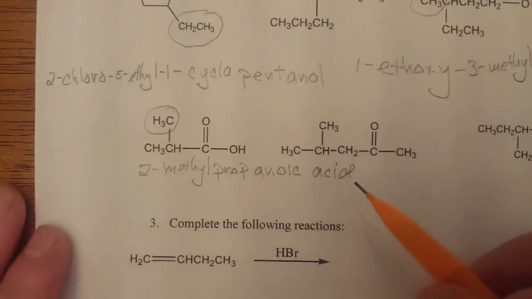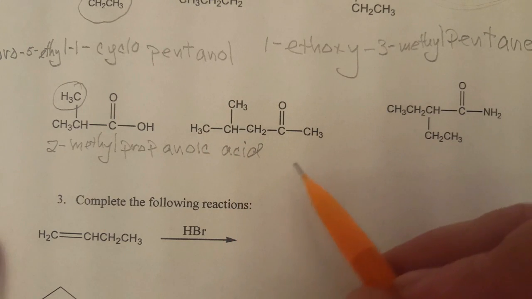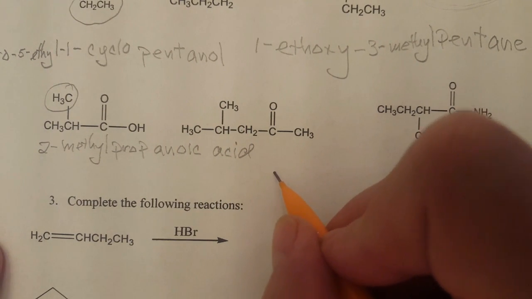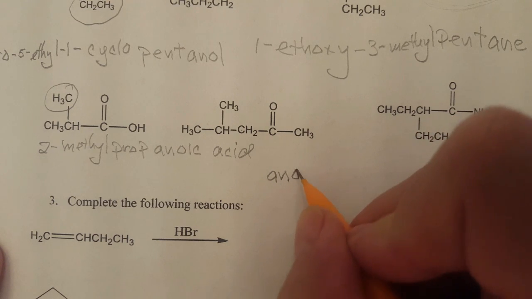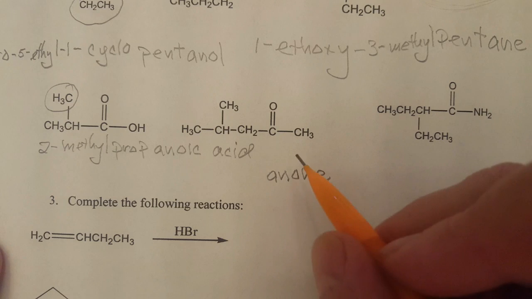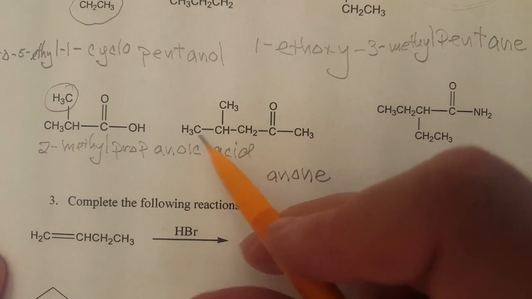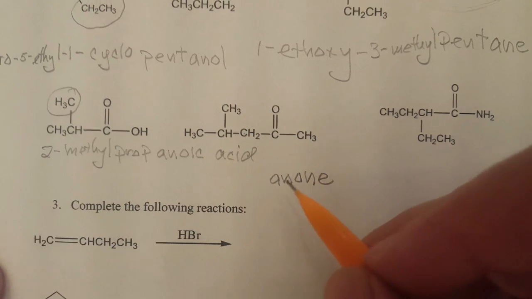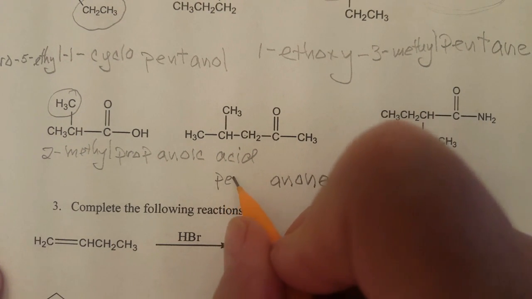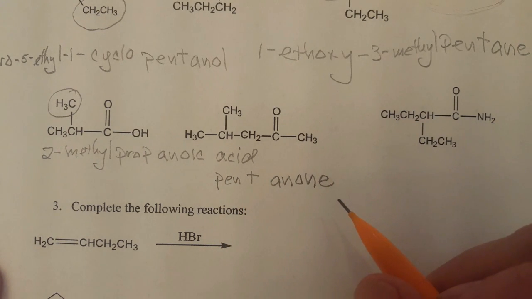So we're talking about this guy right there. It's going to end in anone. It's a ketone. Longest chain, 1, 2, 3, 4, 5. So that's a pentanone.